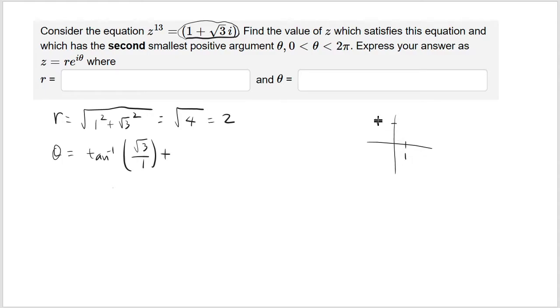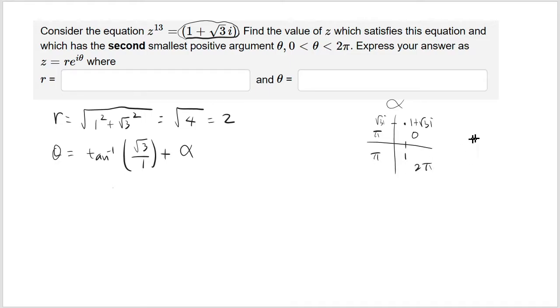1 plus radical 3i is in the first quadrant. Here's 1 and radical 3i, so this is 1 plus radical 3i. It's in the first quadrant. In this case, you don't have to add anything, but there's an extra angle that you have to add to modify the tangent depending on where you are. If you want the angle to be between 0 and 2 pi, you need 0, then pi and 2 pi.